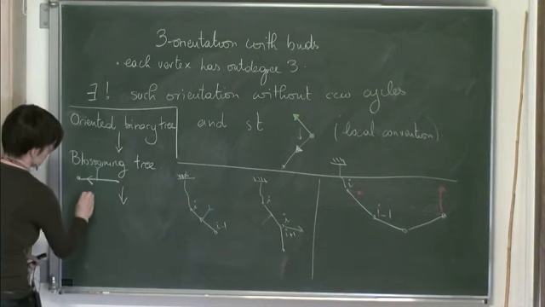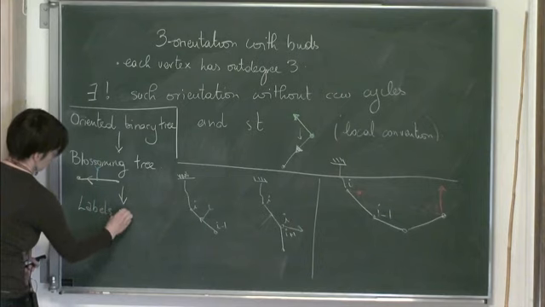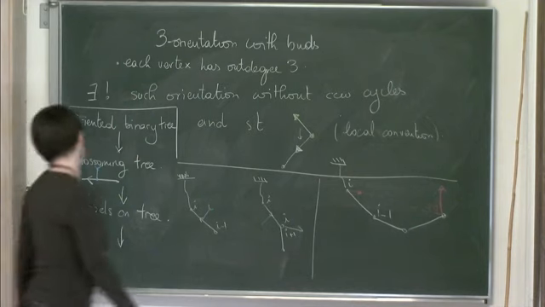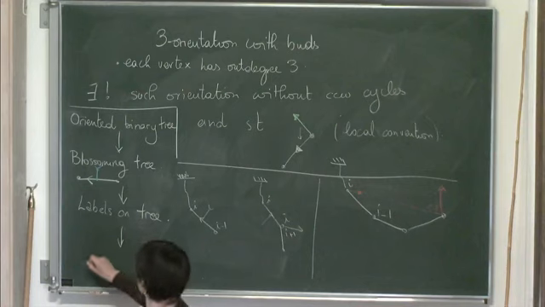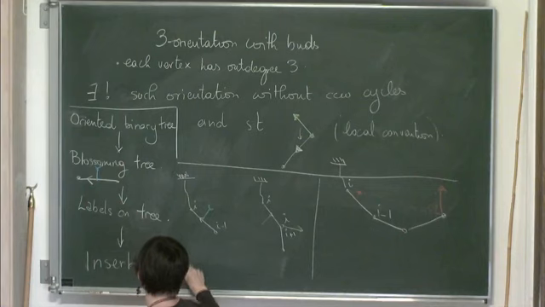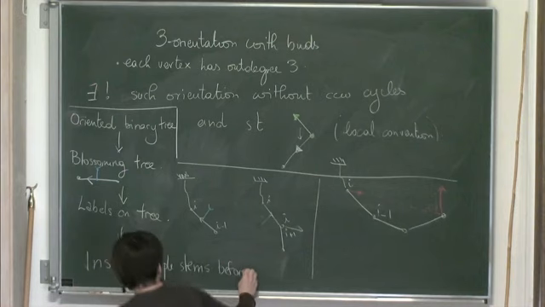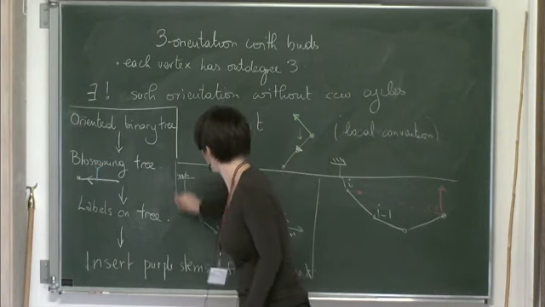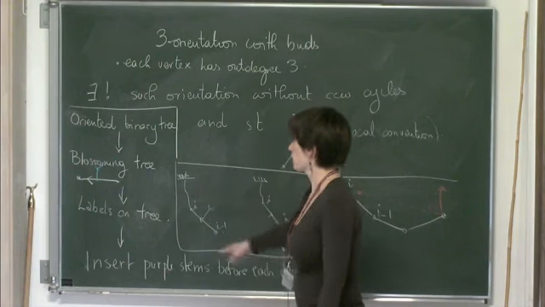That gives me some labels on my tree. And thanks to these labels, I insert, can you see here actually? In the back. Insert purple stems before it descends. Okay, that's how the bijection goes.